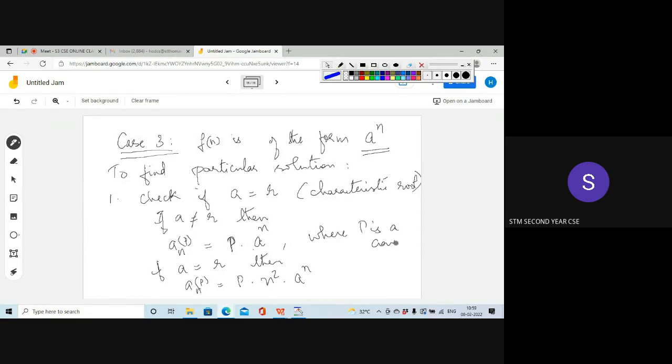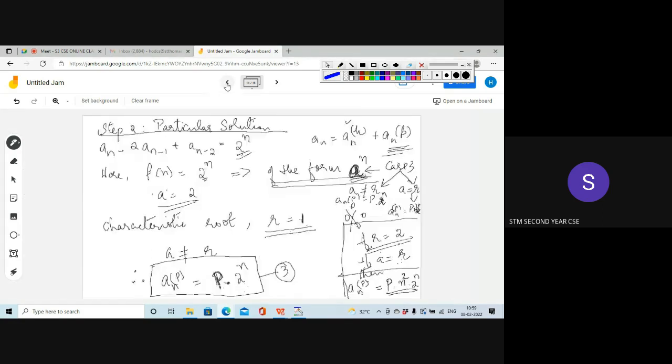We have to find the value of p and then substitute in this equation to get the final particular solution. Then if a is equal to r, then we have to use an of p is equal to p into n square into a raised to n. And again here you have to find the value of p and substitute in this equation to get the final particular solution. Okay, is it clear?